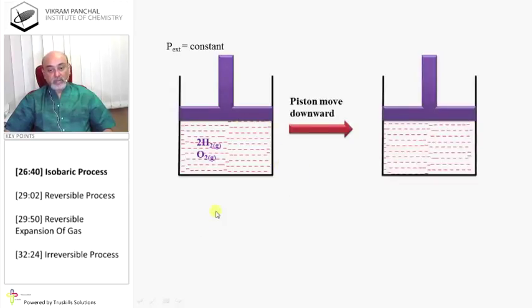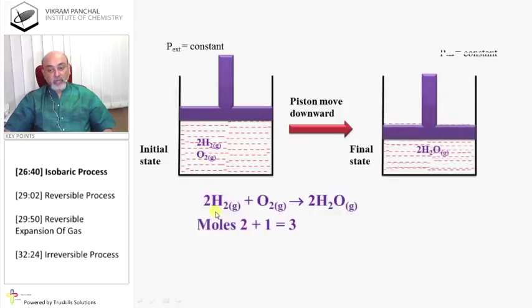Now when H2 and O2 are converted to H2O, the number of moles of reactants is 3 and the number of moles of product is 2. That means the number of moles decreased. So volume also decreases. We are not changing pressure, but due to the change in the number of moles, volume changes, and therefore the piston moves downward automatically without applying pressure.